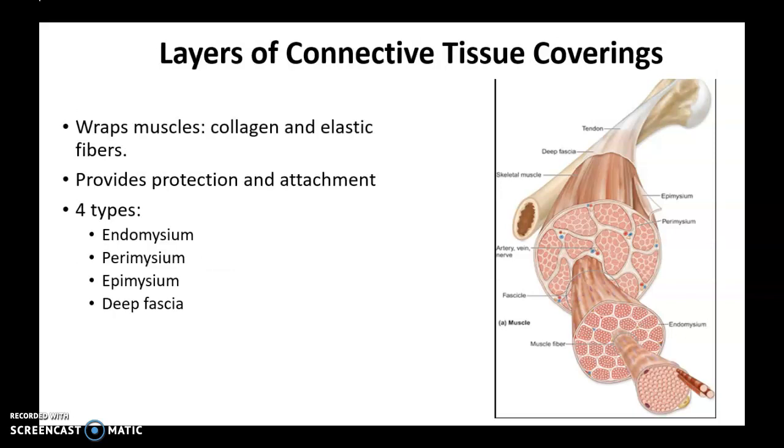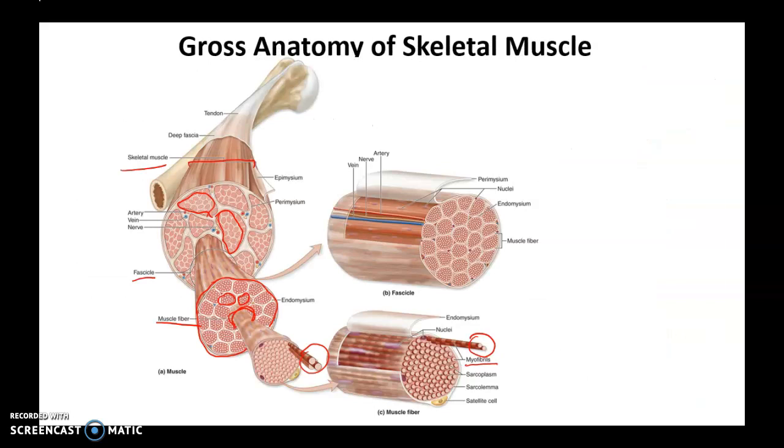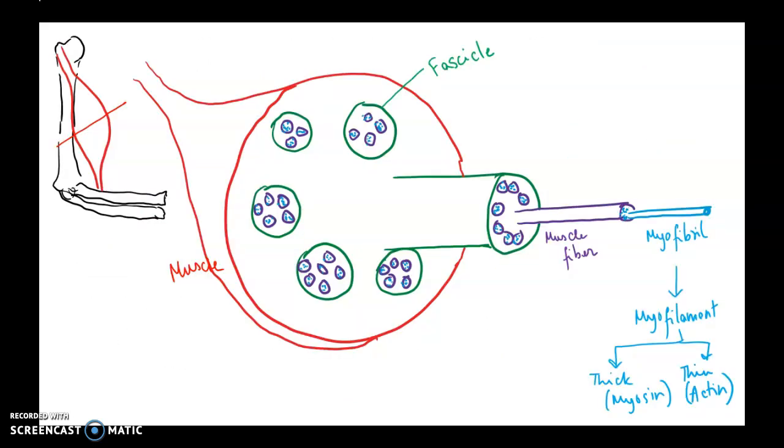Okay, moving on. So, what are these structures wrapped around with? Well, each layer of these structures is wrapped by a connective tissue covering, and there are four that we will address here. Let me go back to my drawing.